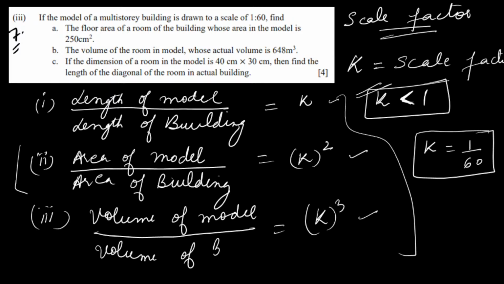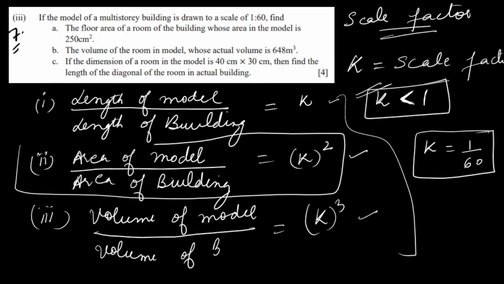So that means here we have to use the second formula, because in this question area is mentioned. Scale factor is already given to us, and the model's area is also given to us. We have to find the area of a room of the building.